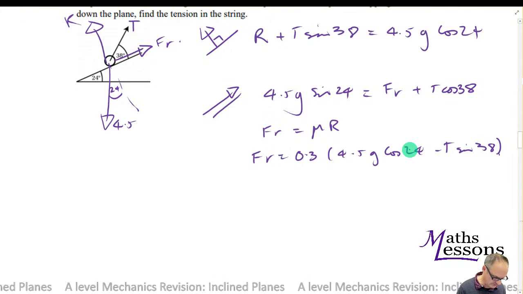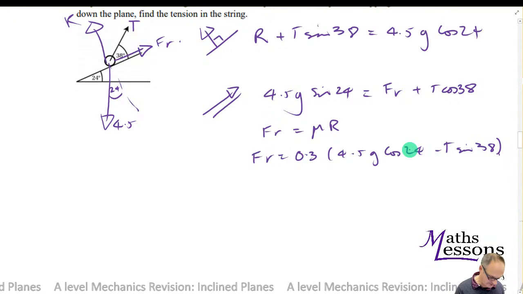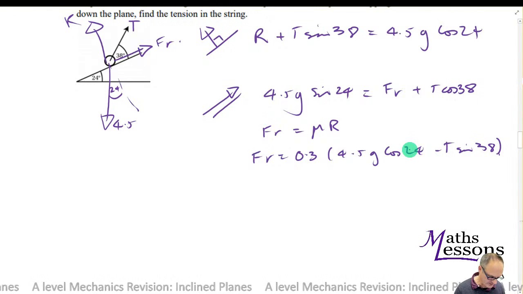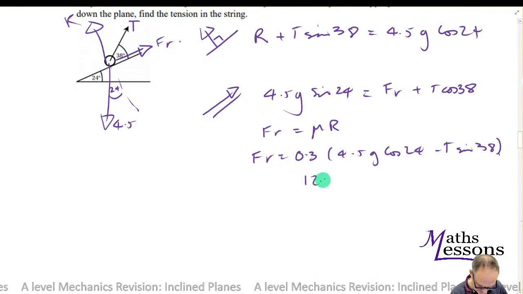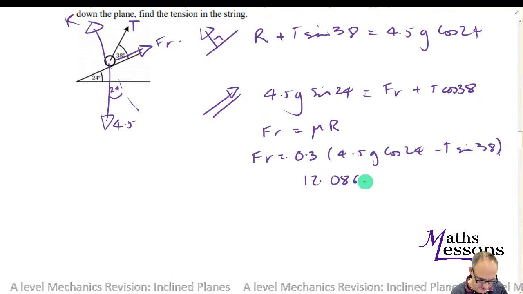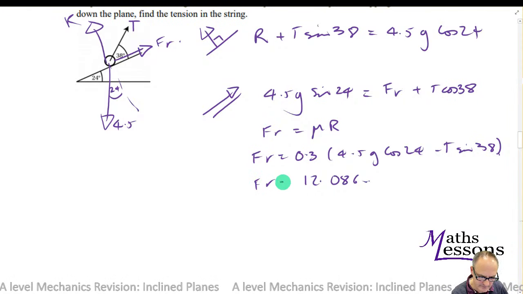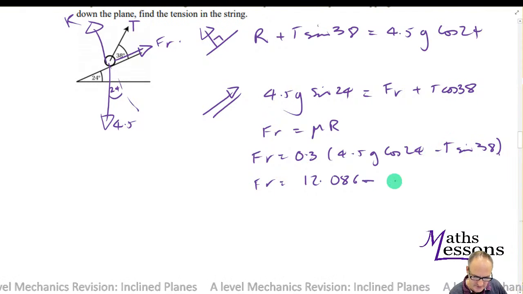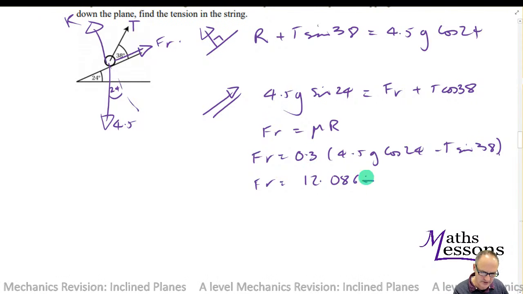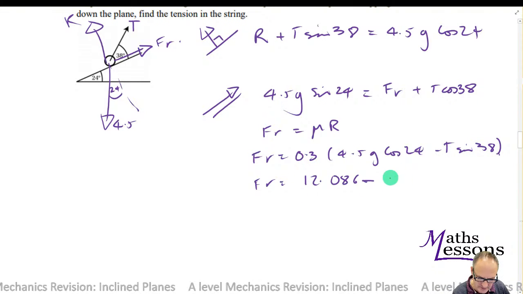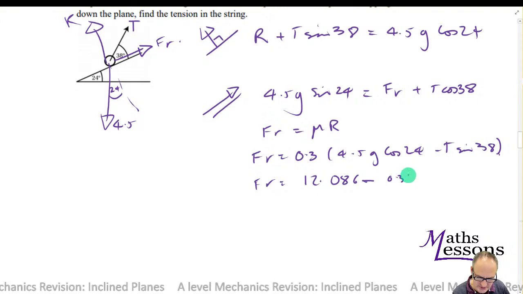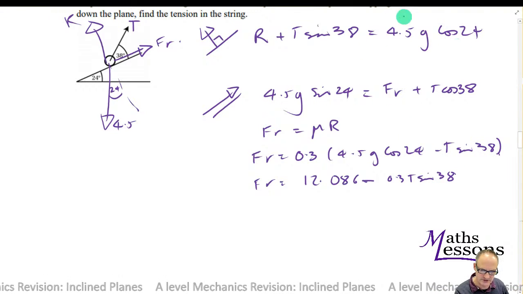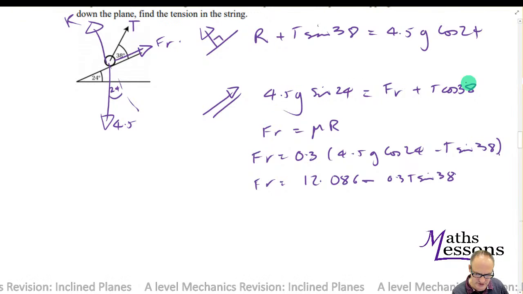I'm going to do 0.3 times the 4.5 times the 9.8 times cos of 24, and I'm going to get 12.086 and so on. And then I'm going to have minus T sine 38 times 0.3. Actually, I'm just going to leave 0.3 T sine 38 in there for now, and then substitute this all into this equation here.